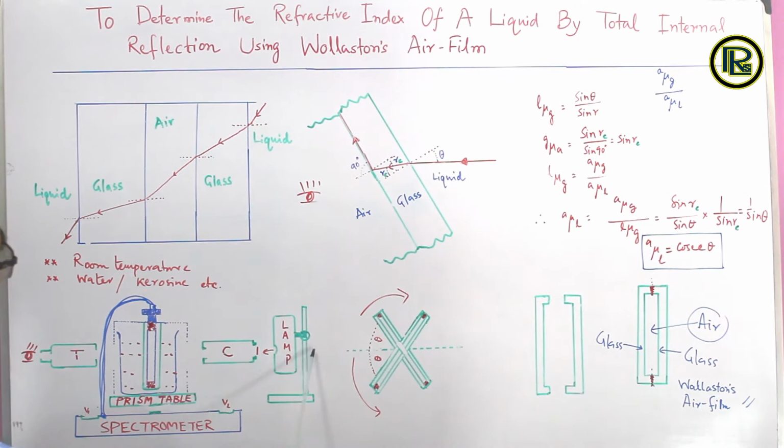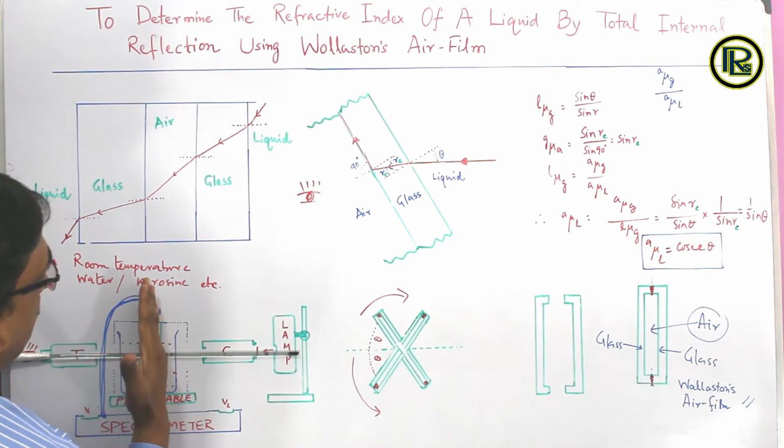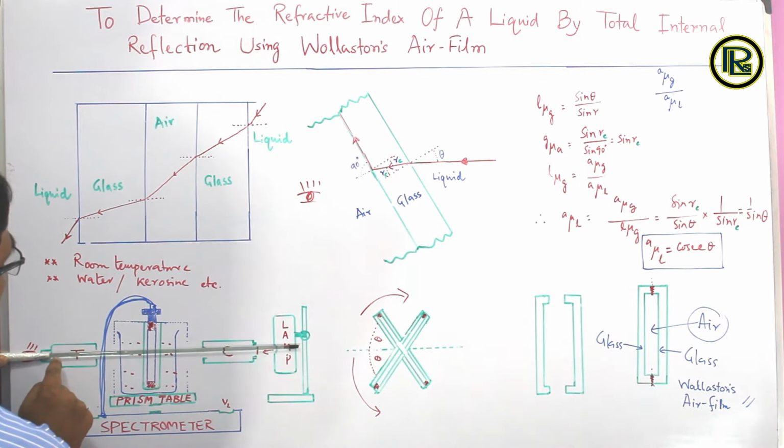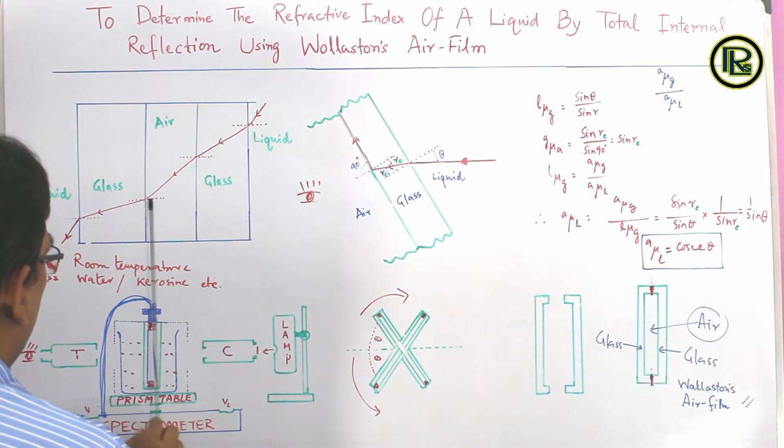Now we have to keep watching the image of this slit through the telescope like this, and initially we have to measure the reading of V1 and V2 when this air film is kept perpendicular to the line joining collimator and telescope. So this air film should be held perpendicular to the direction of the telescope and collimator, and it should be held perpendicular to the prism table.